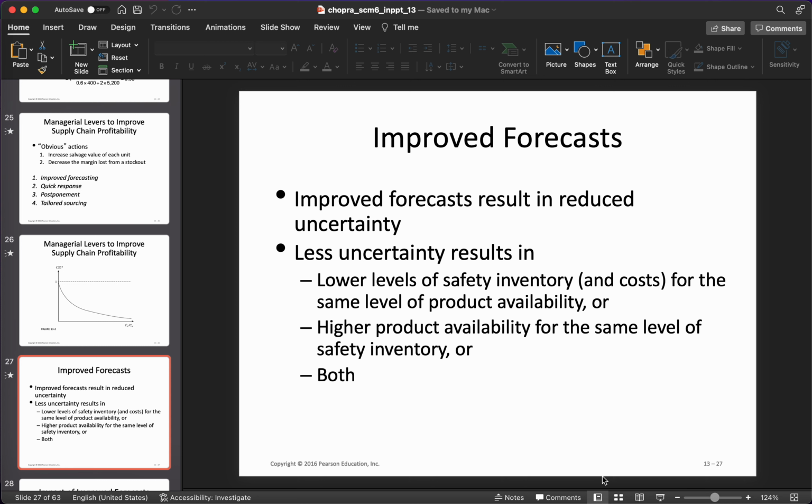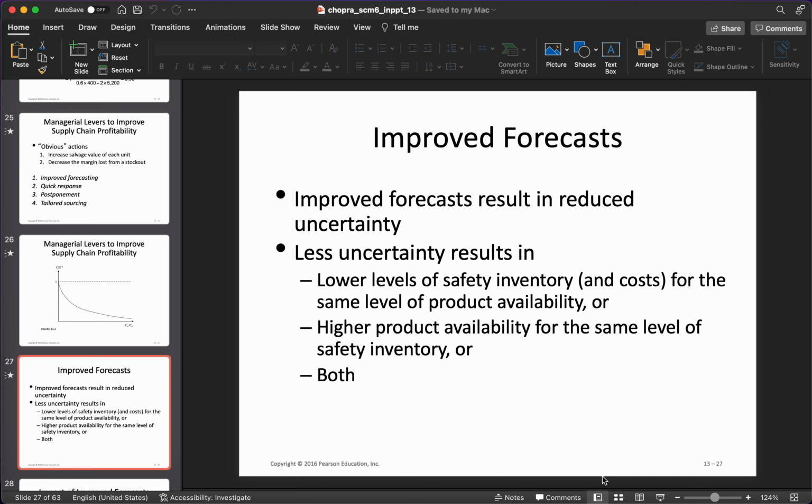So what improved forecasts essentially do is they reduce the uncertainty of the forecast. So by reducing uncertainty, you could say you're reducing the variance in the demand that you face. So what that does is it reduces the safety inventory that you have to hold.